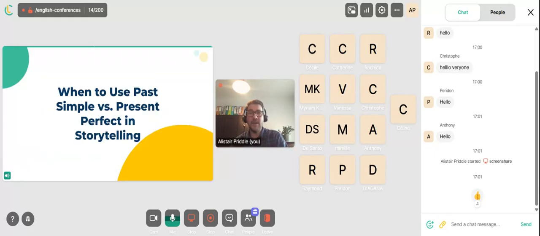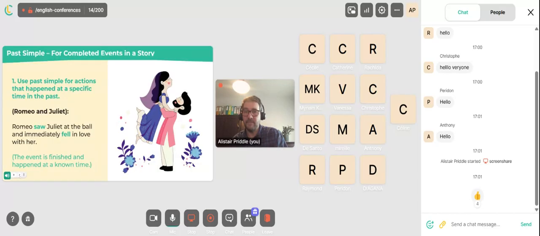Well, let's have a look at the next part of the lesson, which is when to use the past simple versus the present perfect in storytelling, relating a story. So, the past simple for completed events in a story. Here's the first use.